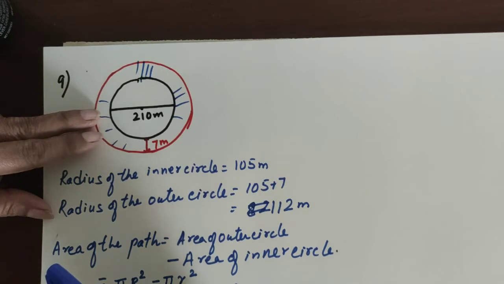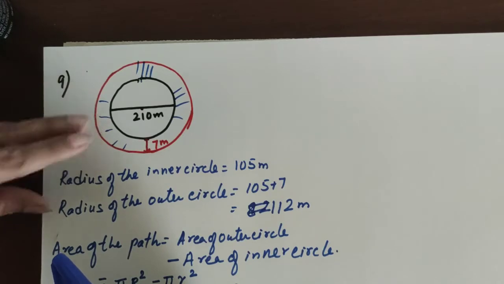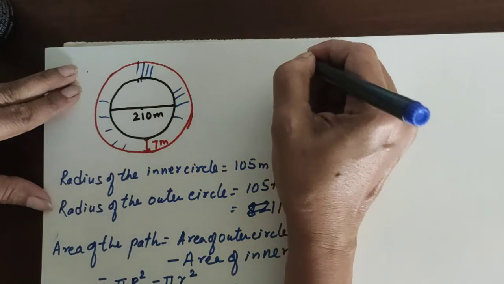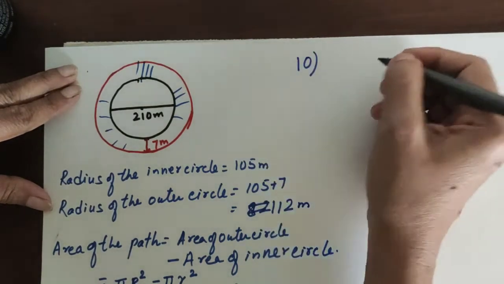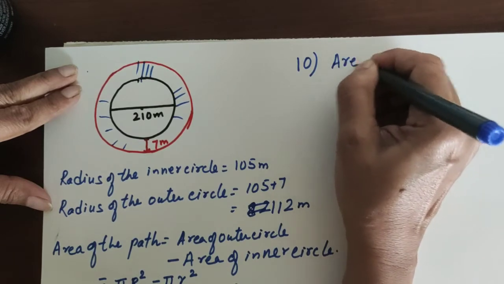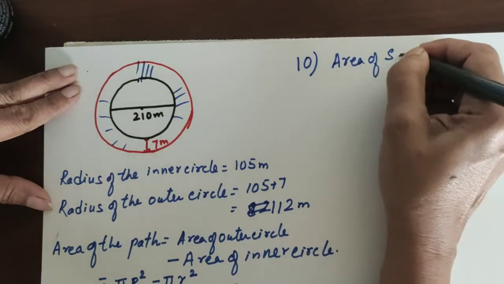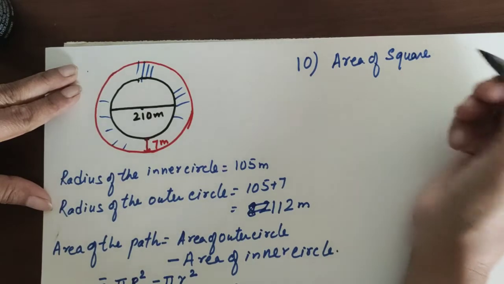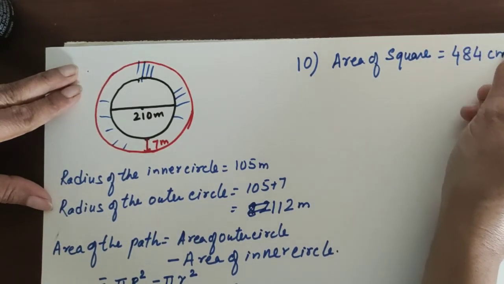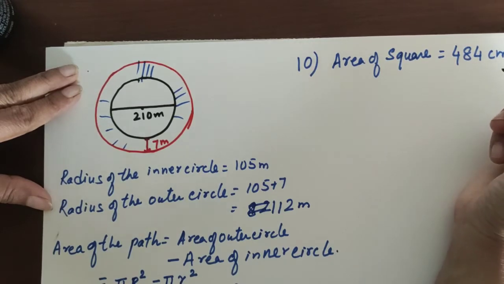So a wire is in the form of a square which encloses an area of 484 centimeters square. So the area of the square is equal to 484 centimeter square.